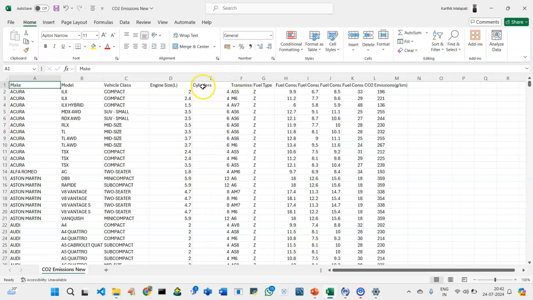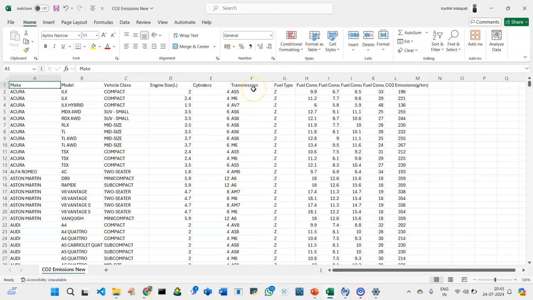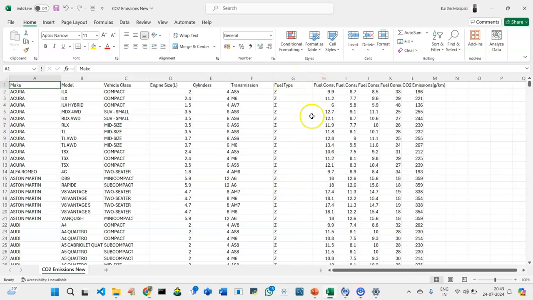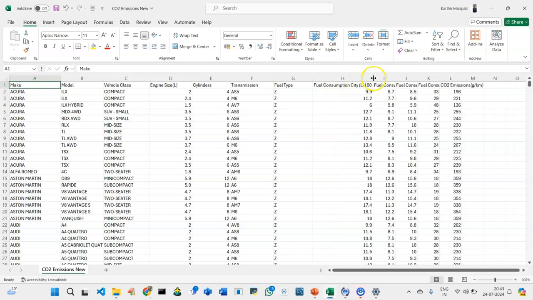The next one is engine cylinders, 4-cylinder, 6-cylinder or 12-cylinder. The next one is transmission, which kind of transmission the model and make has, and then fuel type, like gasoline.